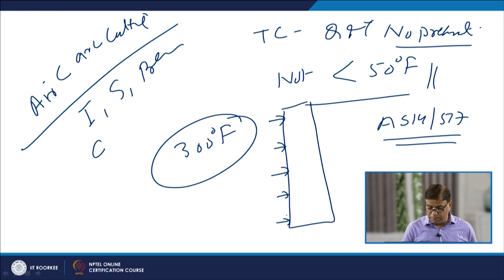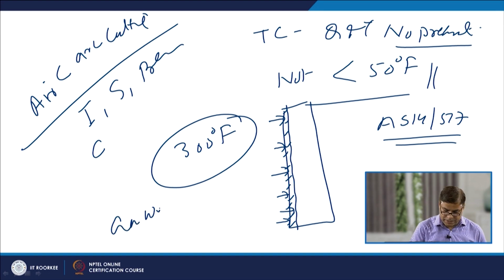So, this carbon picked up at the cut edge will cause hardening or embrittlement of the cut edge. So, this carbon-rich layer is to be removed from the cut edge, so that the unnecessary hardened layer can be taken care of.